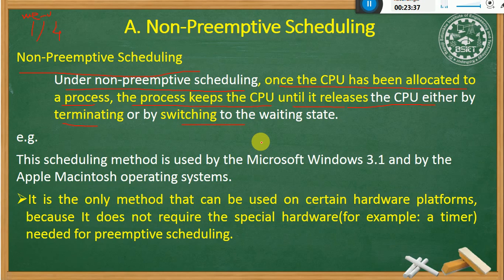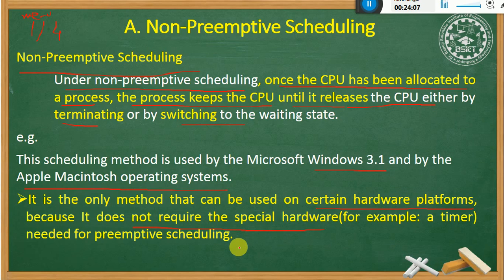That is the basic condition of non-preemptive scheduling. This scheduling is used in Windows 3.1, and the Apple Macintosh operating system also uses non-preemptive scheduling. This is the only method usable on certain hardware platforms. Especially, this method is designed for timers and hardware-bound operating systems.